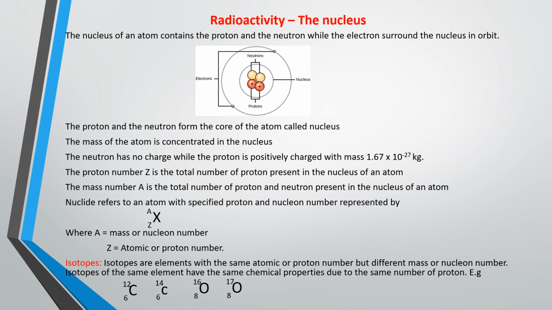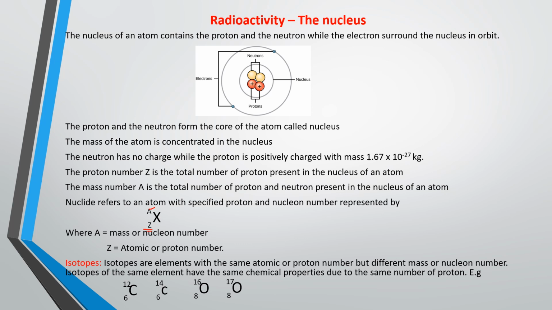The Z stands for the atomic number or proton number, while the A stands for the mass number or nucleon number. Right, then isotopes are elements with the same atomic number but different mass number or nucleon number.